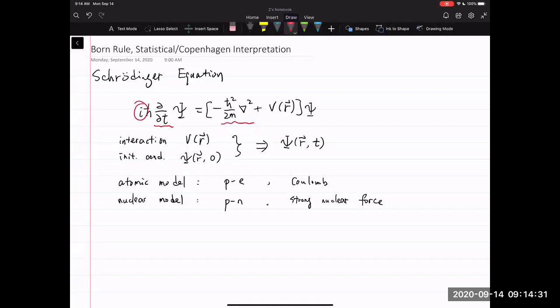So second order derivative in space, del square of the wave function or any function, equal to, let's say, if the left-hand side has no time derivative, then we call that type of equation elliptical, right? And if it has a first order derivative in time, we call this the parabolic type of equation.